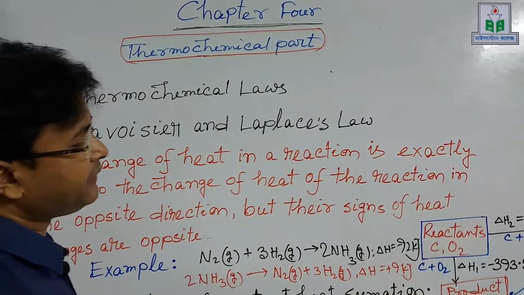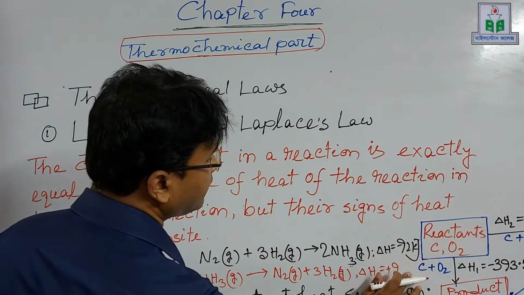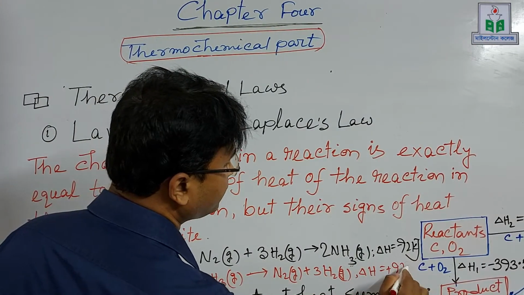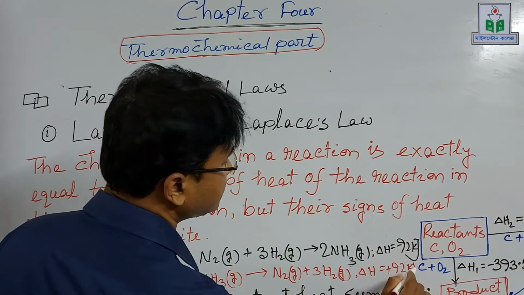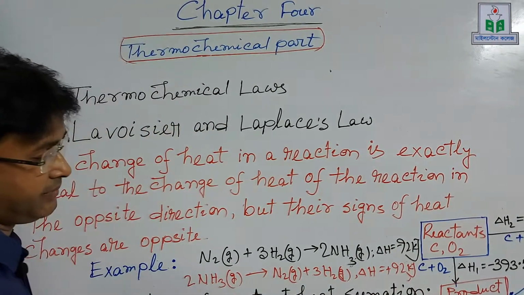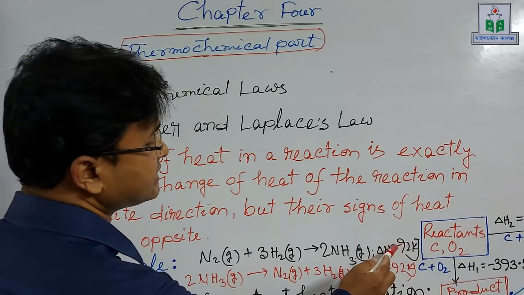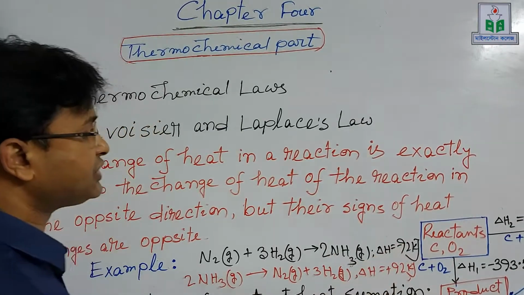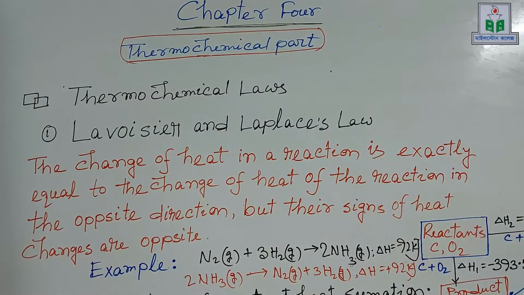I mean the values of both equations are the same, but the signs are opposite to each other. This is known as Lavoisier and Laplace law.